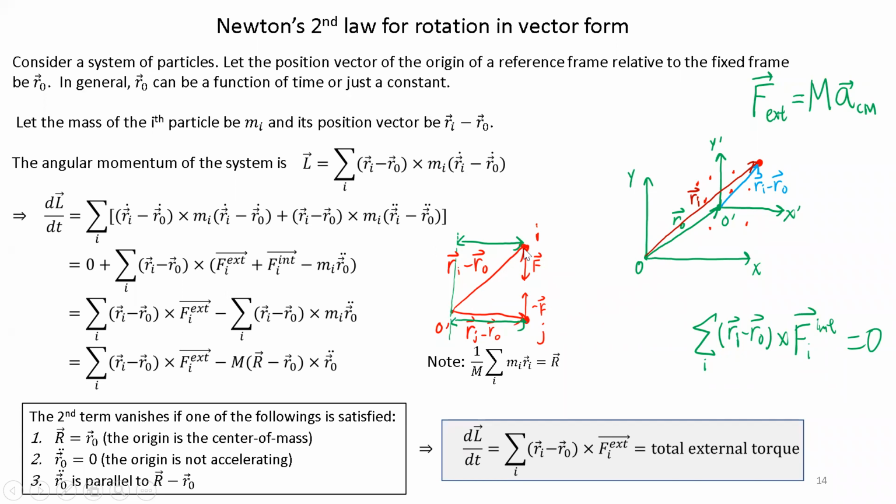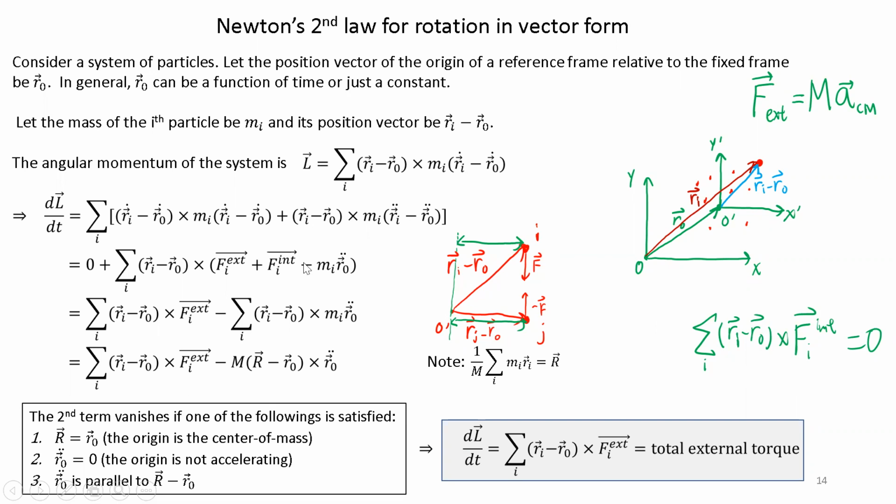So although this length and this length are not the same, we are just taking the perpendicular distance, right? Because these two distances are the same, and these two forces have the same magnitude, that's why the cross products cancel. Okay. So therefore, this whole term summing up will be 0.